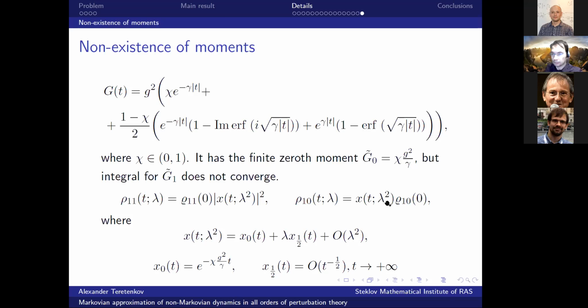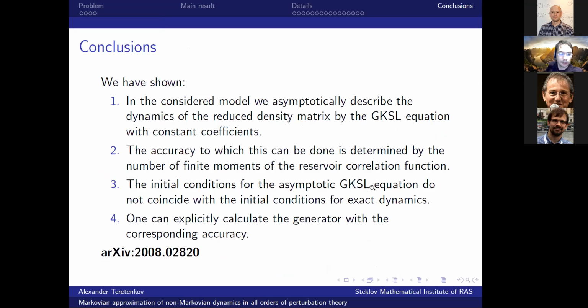Well, I think that is all I want to say. It is possible to find all these results in these arXiv preprints, and the main results are the following. We have asymptotically described the dynamics of the reduced density matrix by a GKSL equation with constant coefficients in this perturbation theory.